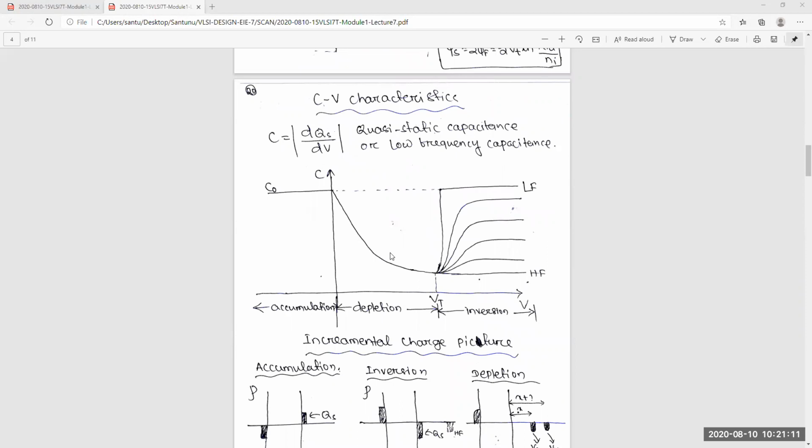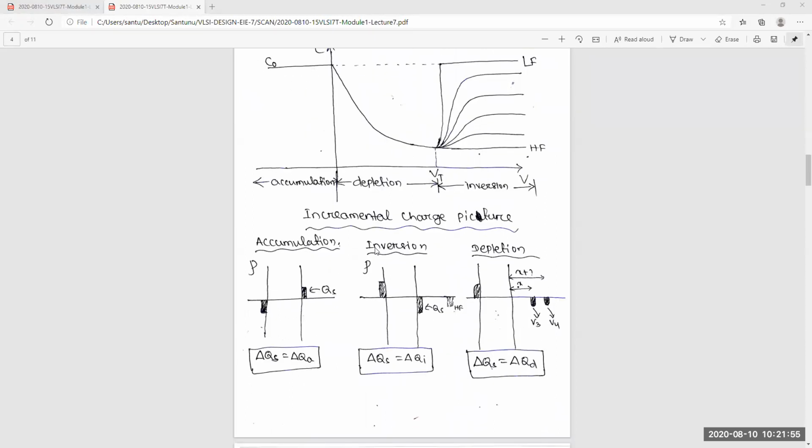Okay, so physically we will understand how at accumulation region this is constant, and inversion also this is constant, but at depletion how it is reducing to a minimum point at threshold voltage, and after that it will be constant. Okay, and also we'll discuss at low frequency how it again comes to the C0 value and is constant, and at high frequency how it stays at that minimum level. Okay, and if you change the frequency, it will also vary. Okay, from low to high, this type of shape will come.